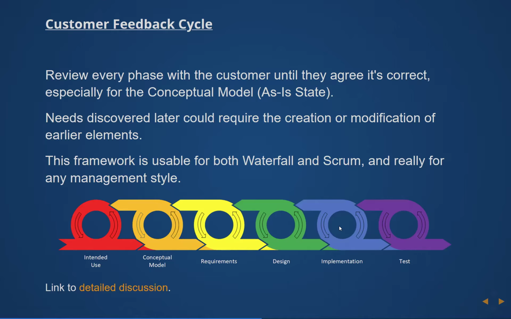Now, the most classic form of iteration between phases is between implementation and test. So I build something, I test it, find out it doesn't work, go back to implementation and I change it or redo it in some way, and then I test it again and I keep doing that until it's proper, until it's correct.